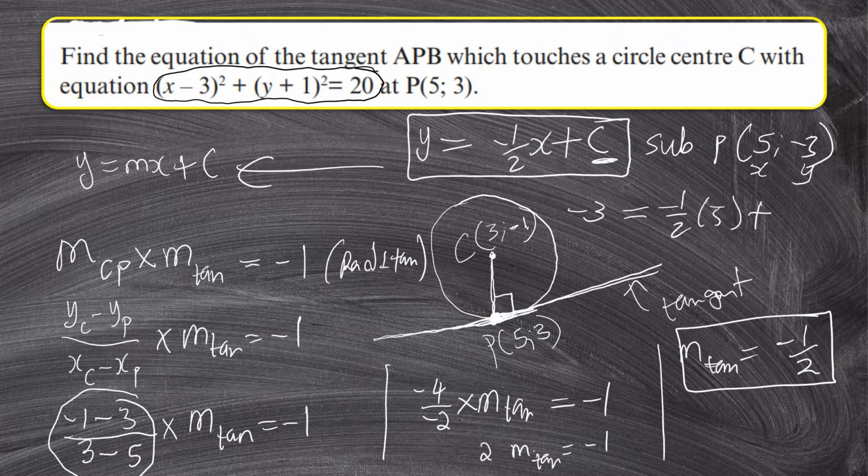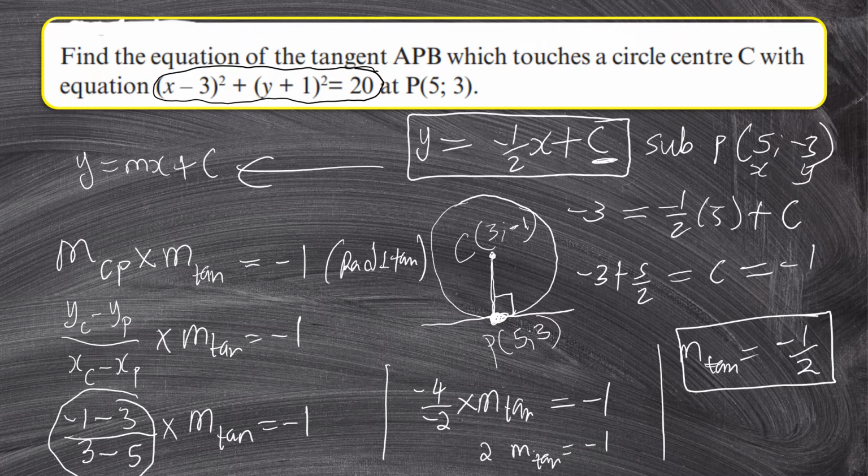So c equals -3 plus 5 over 2, which is -1 over 2.